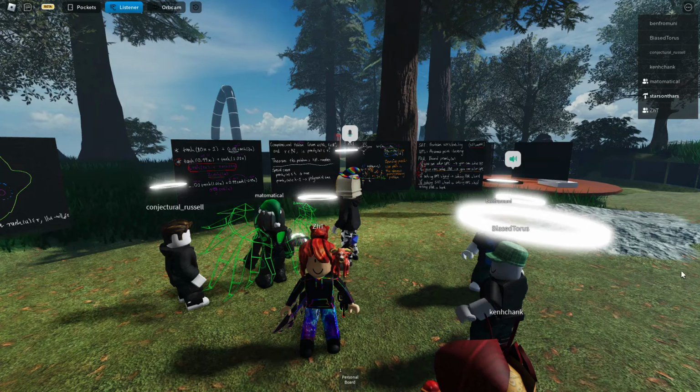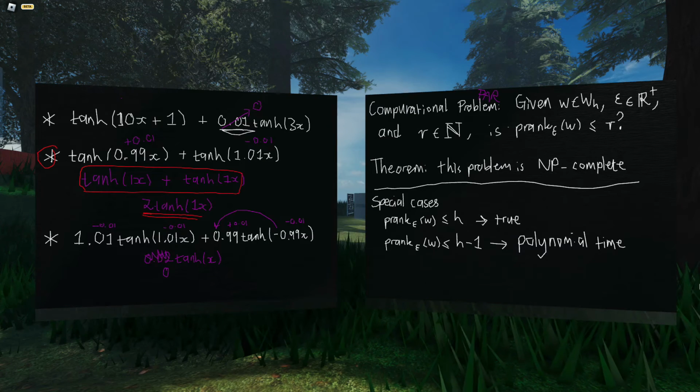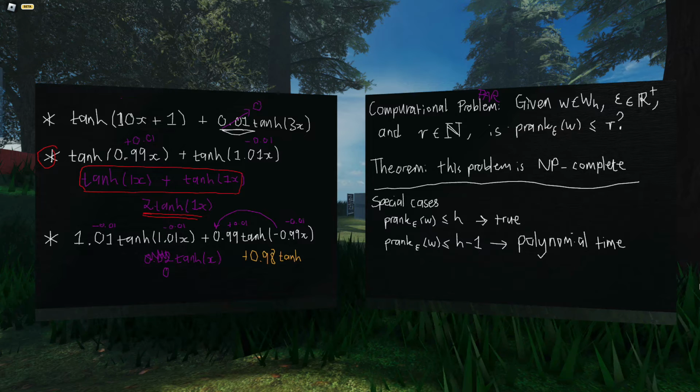So add another node that is 0.98, I guess. And then merge the other 2, and then suddenly the merged node is more than 0.01 away from the first node, and you can't merge anymore. Oh wait, I guess you need another node too.